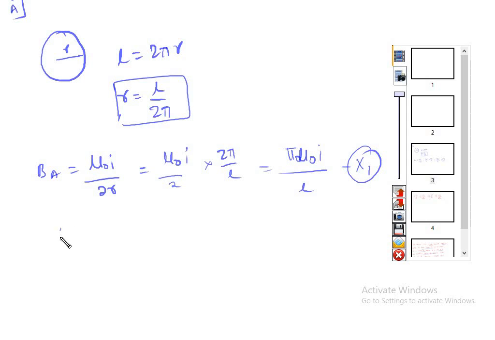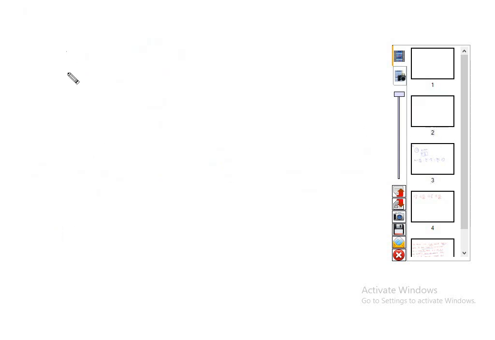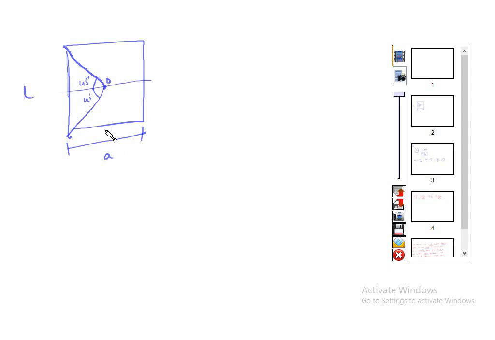Similarly, let us do it in the next page. So we have a square like structure, diagonal, this is one side and this is one side. The angle will be 45 degrees here and 45 degrees here. This will be the center, and A will be the side. If length is equal to 4 times A, side is equal to L by 4, right?